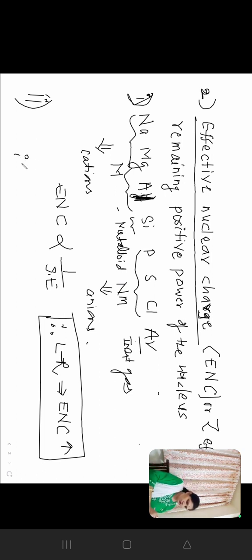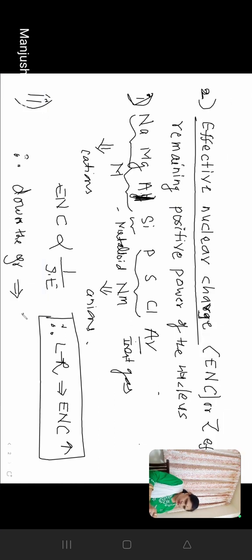Therefore, down the group, ENC decreases.